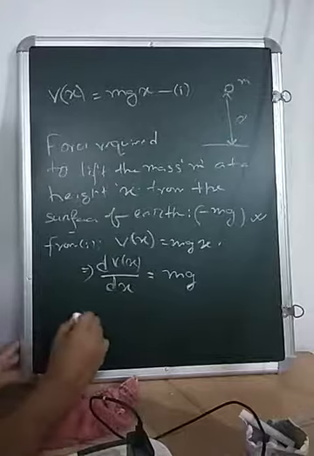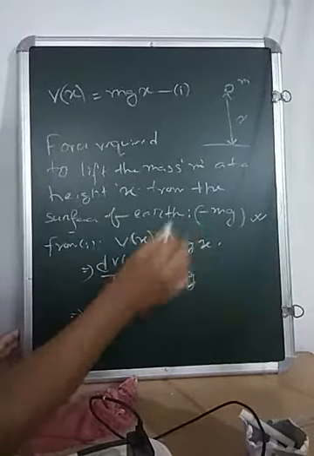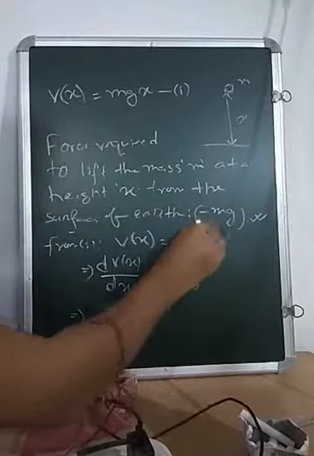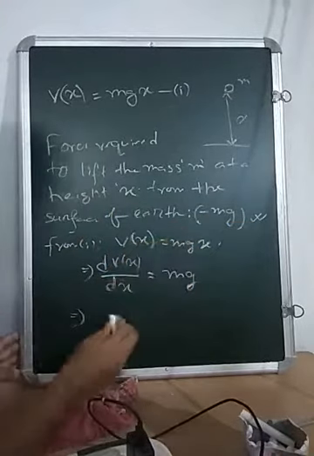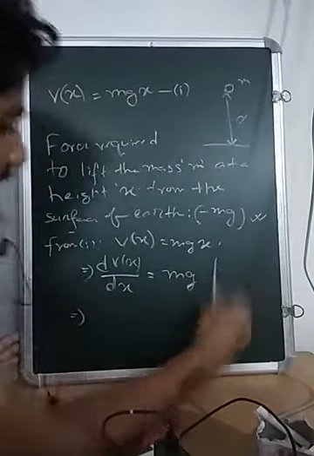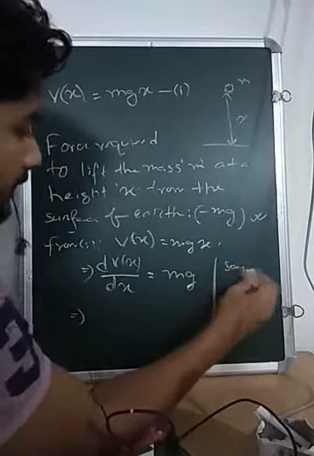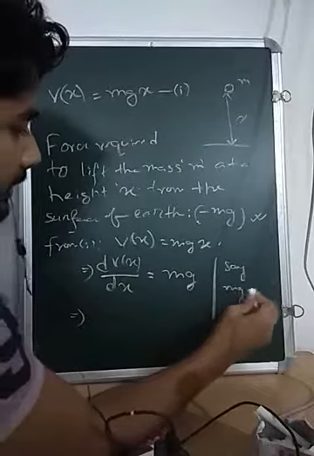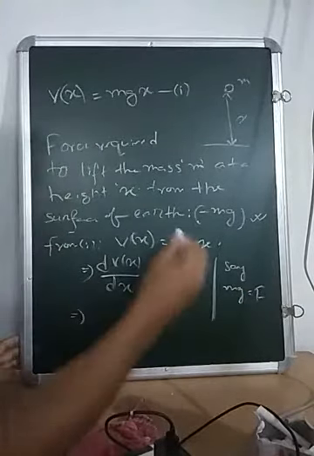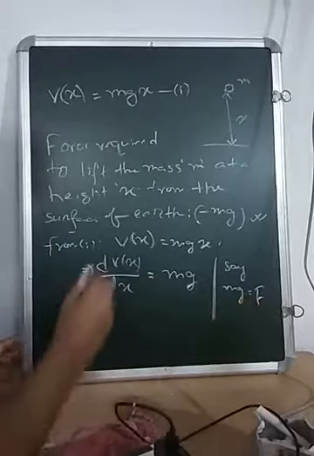And mg is the force required to lift the object. So we represent this as mg, say mg is equal to F, the force required to lift the object at a height x.